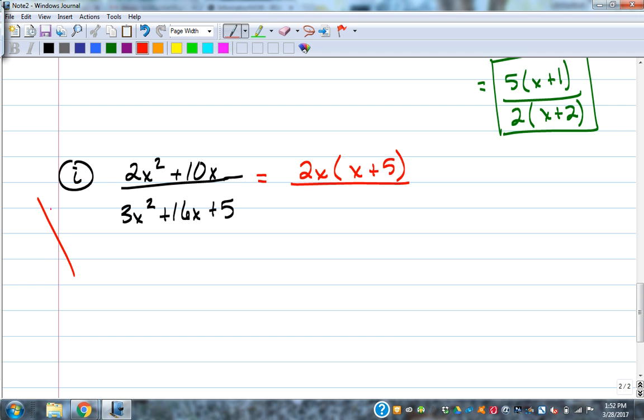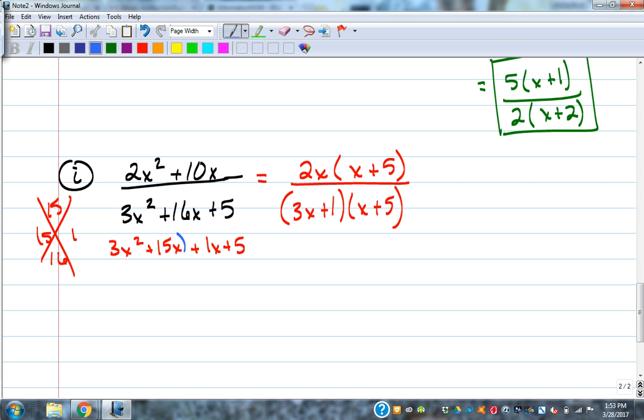The denominator is a little bit more difficult because it's not a shortcut trinomial. Yeah, 3x plus 1 and x plus 5 is the correct way of factoring that. If you did 15, add to be 16, that's 15 and 1. Just reviewing here how to do that. Group.